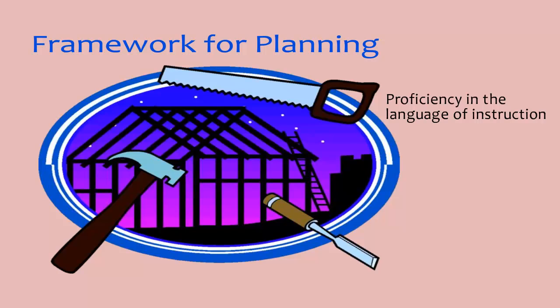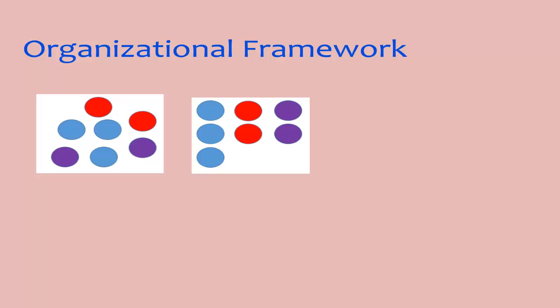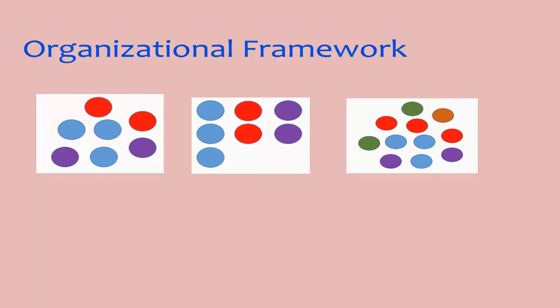The organizational framework presented in this module is not a program model or a schedule. Rather, it is a way of conceptualizing the kinds of groups that are possible in a multilingual environment. It is predicated on the belief that academic bilingualism is both desirable and possible for students to achieve through schooling regardless of program type. Any sound instructional design should plan for the grouping and regrouping of students.